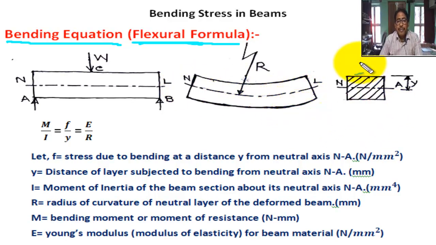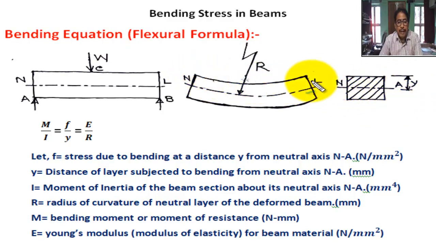Here, this is the cross section of the beam. NA is the neutral axis. Y is the distance of the topmost layer from the neutral axis NA.